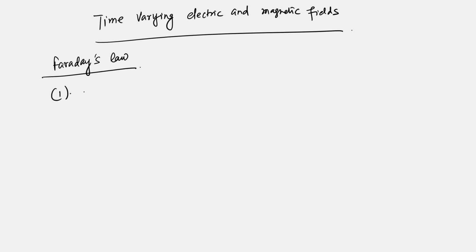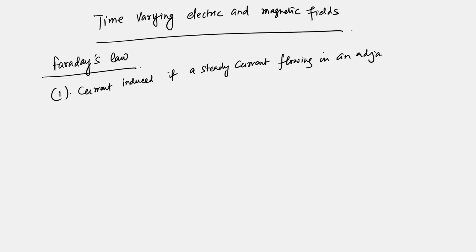The observation is that there is a current induced in a circuit basically, if a steady current flowing in an adjacent circuit is switched on or off.